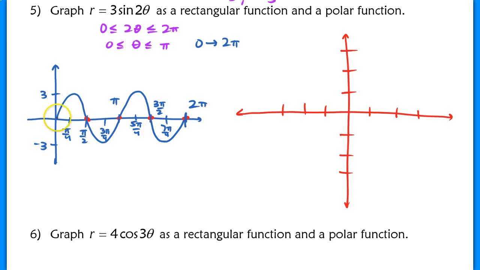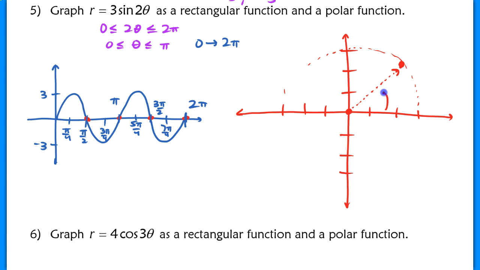Now, let's start with our first point. When the spinner is pointing at 0 radians, we are at a radius of 0, so we're at the pole, and as we increase to pi over 4, so let's point our spinner at pi over 4, now we increase to 3, so we are on this circle with a radius of 3. So that point is about right here.